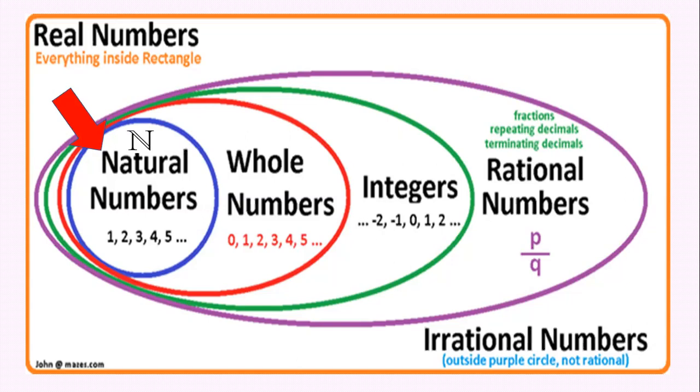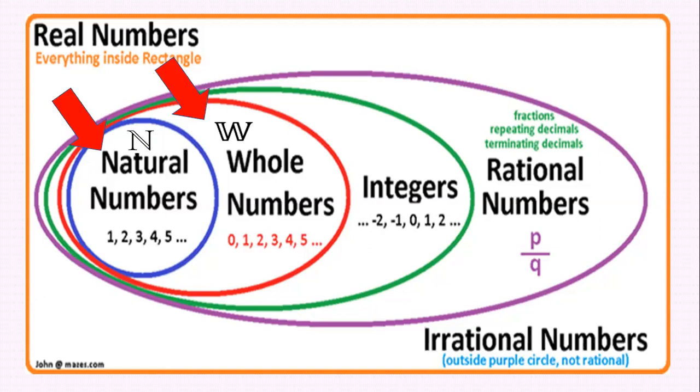The next layer of numbers is the whole numbers. Whole numbers are often denoted using capital W. The classification of whole numbers is exactly like natural numbers in that it includes all of the natural numbers, and it also includes 0.